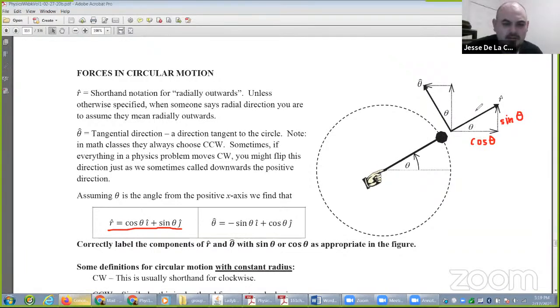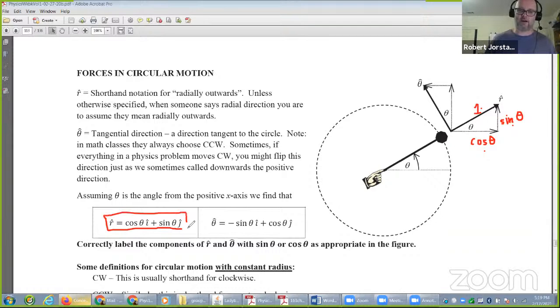What's the magnitude of any hat vector? 1. But check it: cosine squared plus sine squared, square root, equals 1. Cool. So this seems reasonable. This is a plausible way to write r hat. So notice if you go up some angle theta, we could describe r hat in terms of i hat and j hat this way.